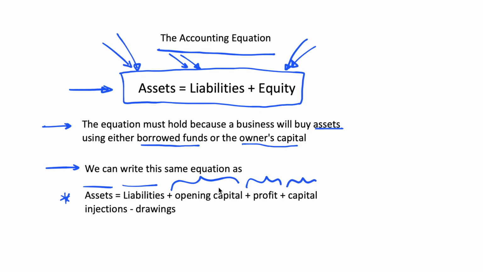Also any capital that's been injected after the business has been founded, so it's not our opening capital but any investment after that. And then we subtract away any drawings, so anything that's been withdrawn from the business by the owners and any money taken out of the business. Again, I said that we can rewrite the accounting equation in different ways. This is one way to rewrite it, by expanding out the terms, but it's still the same thing.